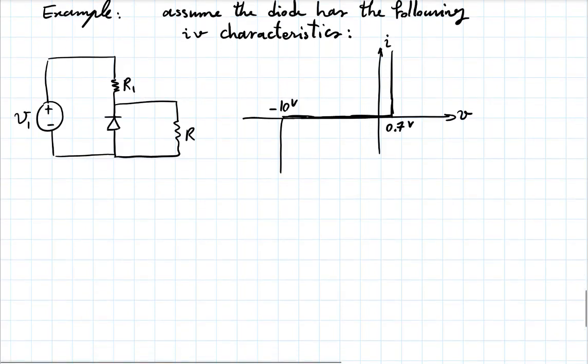Perfectly vertical. Okay. And let's put numbers here. So imagine V1 is 15 volts. And R1 is 10 ohms. And the load here is 1 kilo ohm. And this is V out.